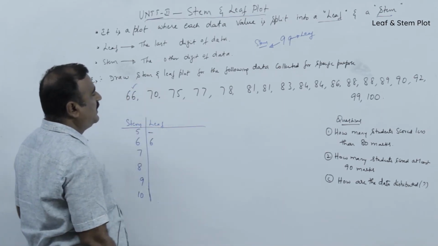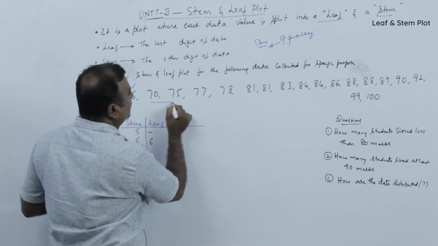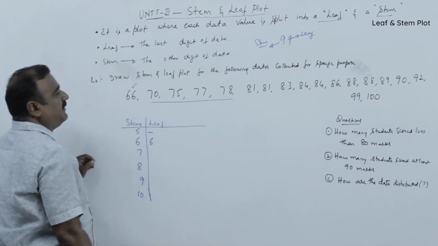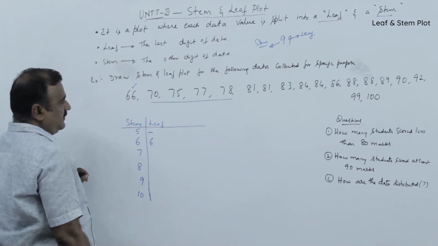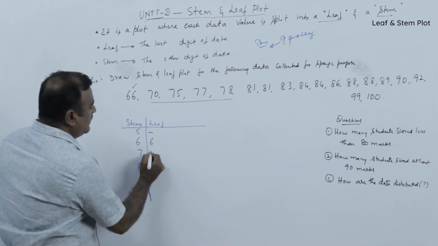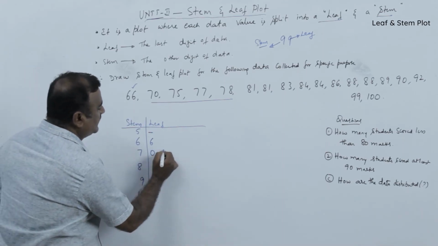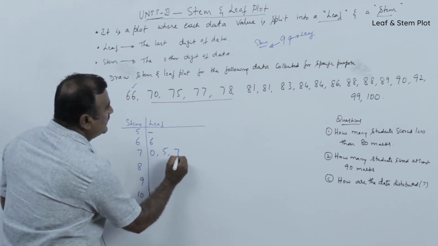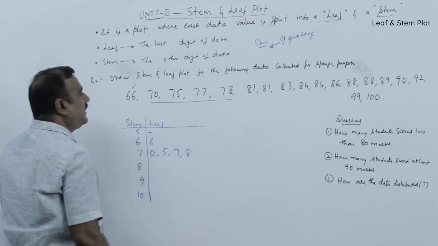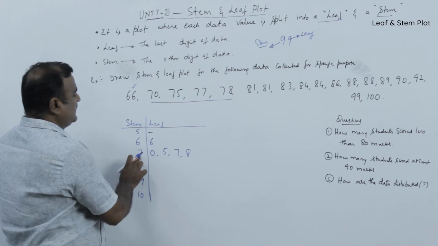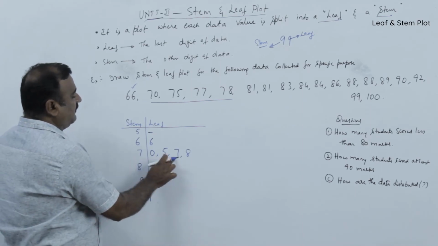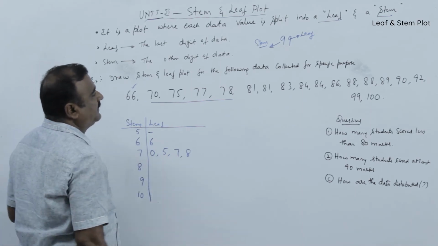This data is over. Next, in the 70 range, the first is 0, next is 5, 7 and 8. Four data are there in the 70s: 70, 75, 77, 78.